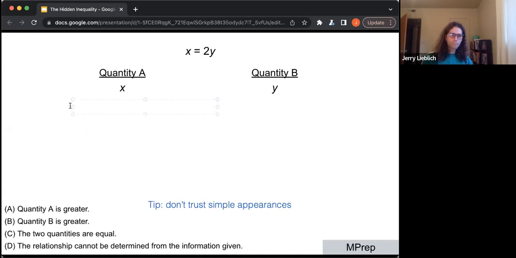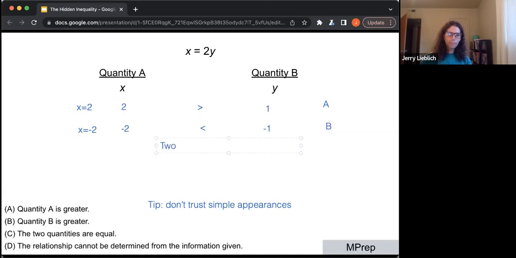And let's look at what that trap is. So if x equals 2, then y would equal 1, and A is bigger. But what if x were -2? Then we get -2 and -1, and in this case, y is bigger.